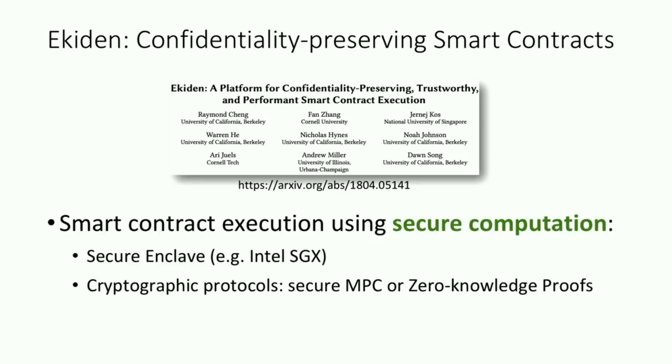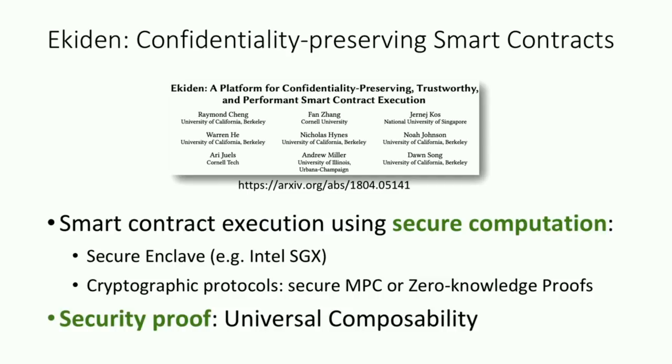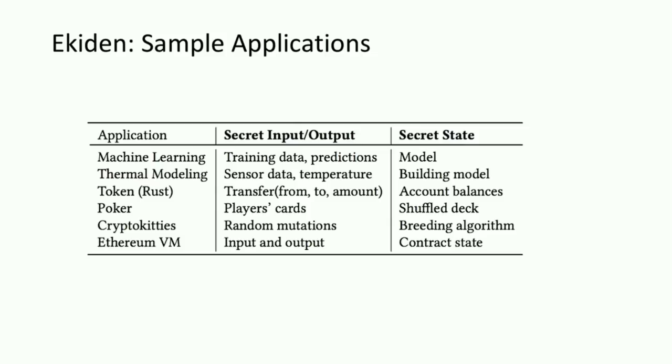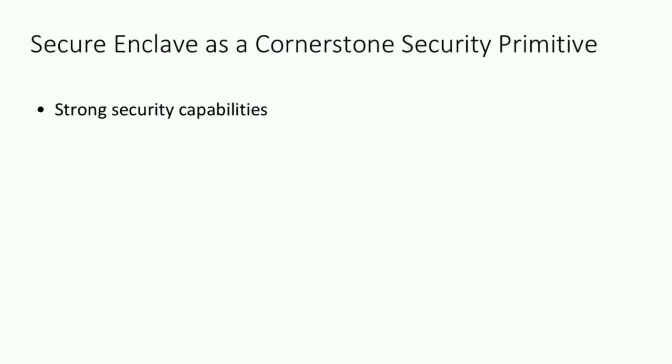We have developed a research project called Ekiden, leveraging approaches like this, and we provide a security proof using universal composability. We have also developed a number of sample applications, including training machine learning models in the healthcare domain and smart building domain, and many other applications.